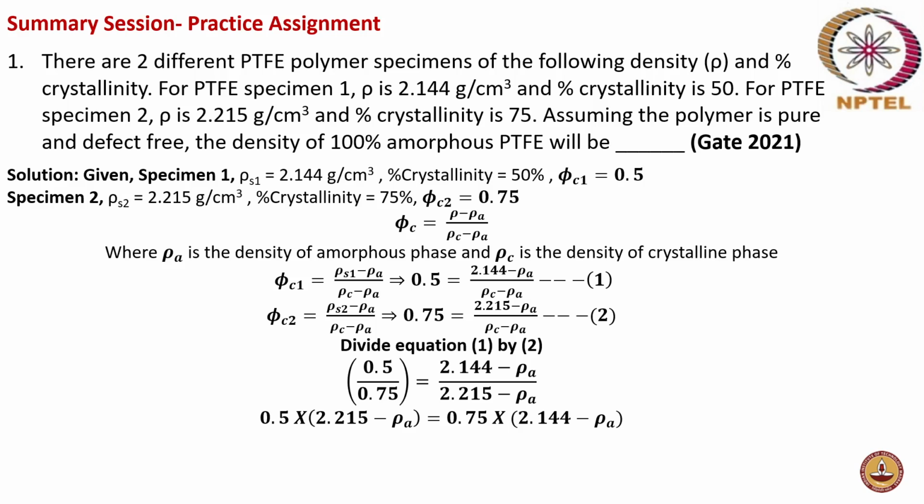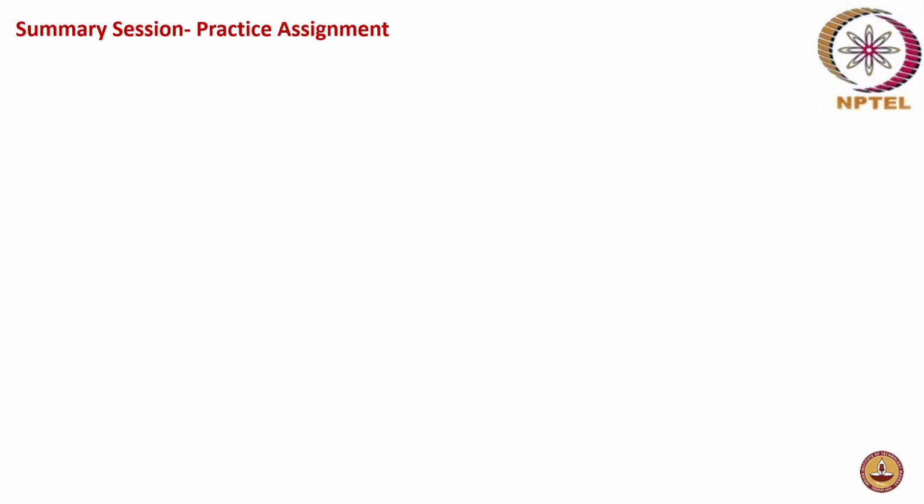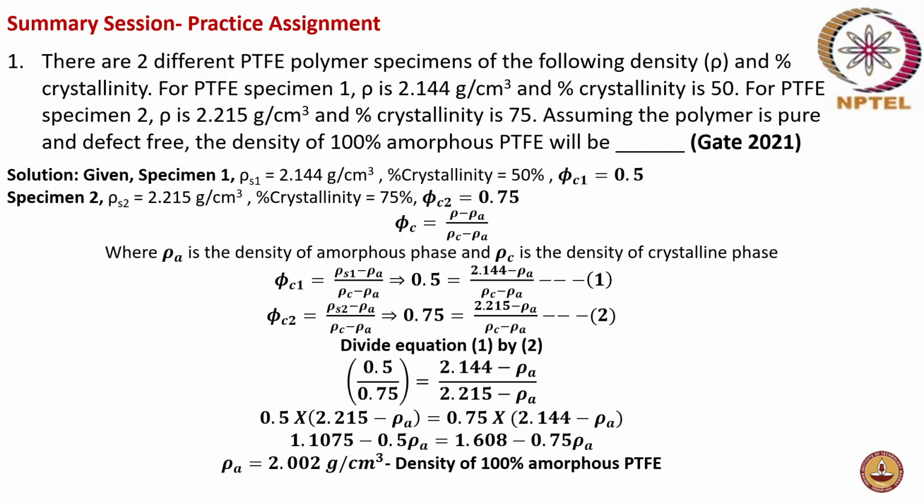If you divide one by the other, the crystalline phase term in the denominator gets cancelled, so you have the amorphous phase alone in the equation, which can be solved, and you will get the amorphous phase density. And if you incorporate it into one of the specimens, then you will get the crystalline phase density also.